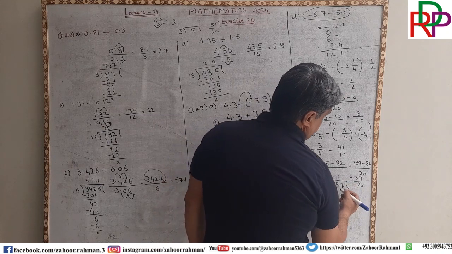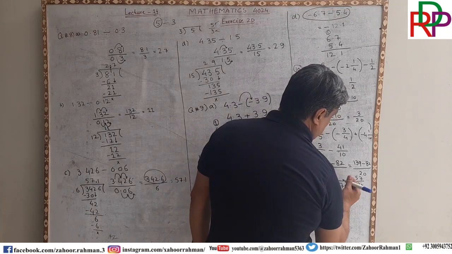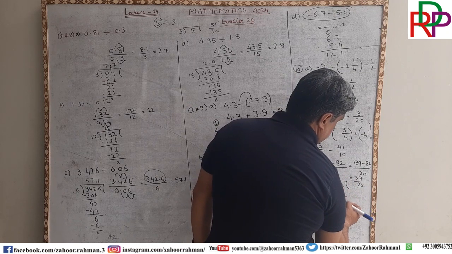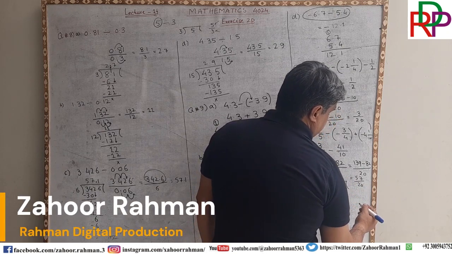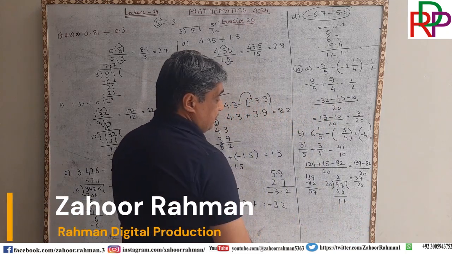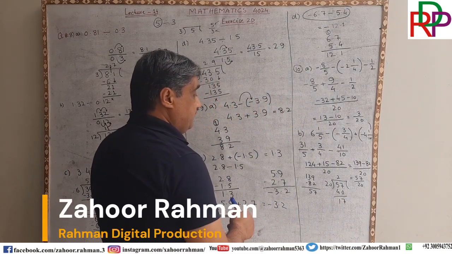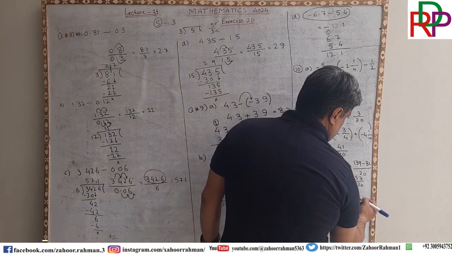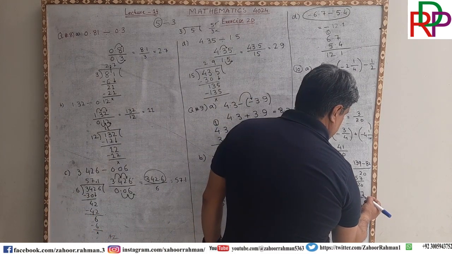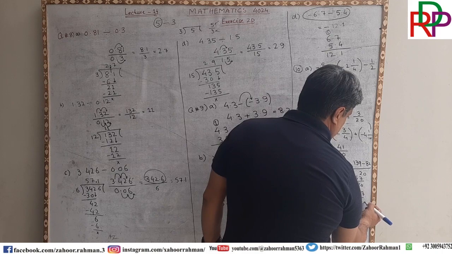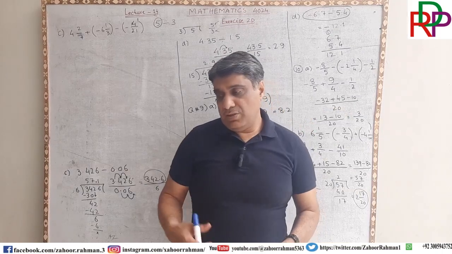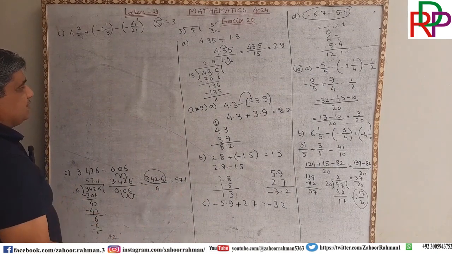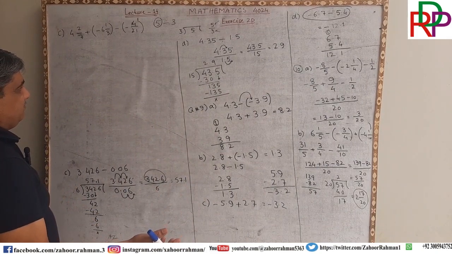So 20 ones are 20, 2 twos are 40. So 17 will come. And ladies and gentlemen, you have to write 2 whole 17 over 20.